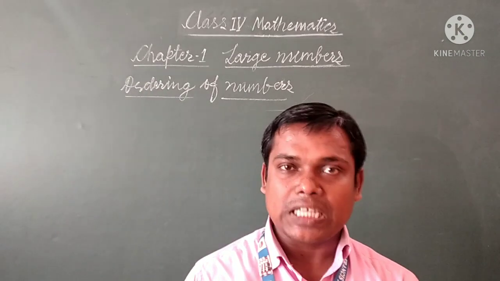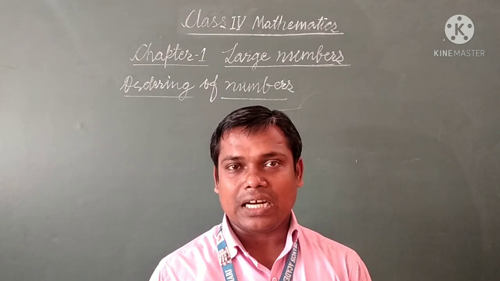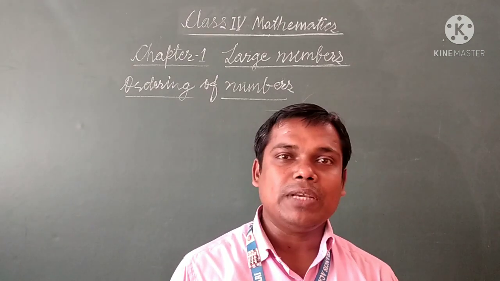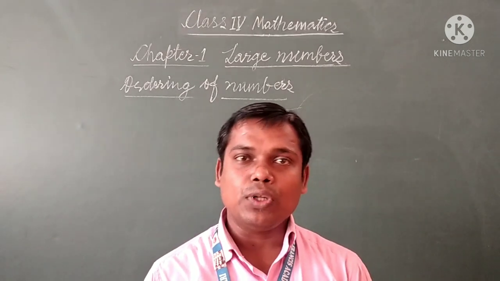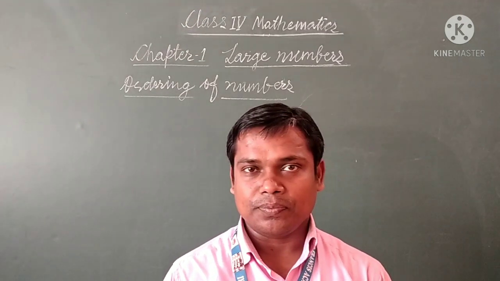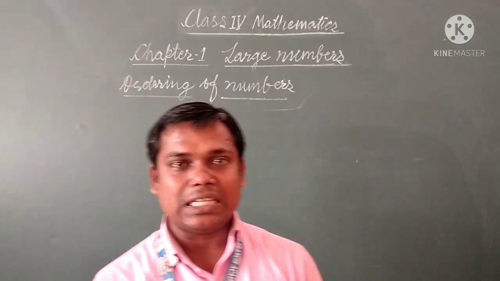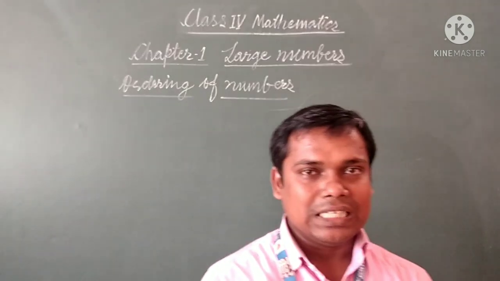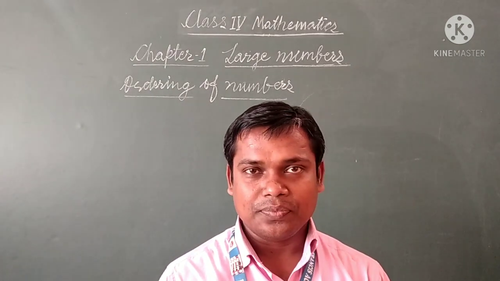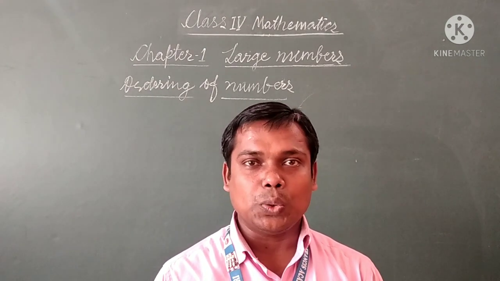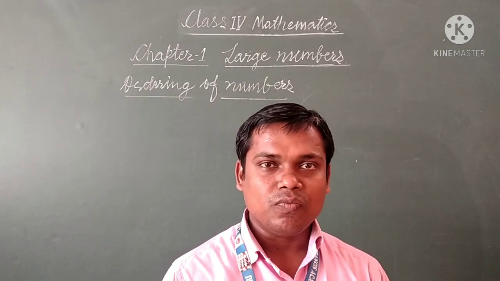If two numbers are given to us, then the possibilities are: the first number will be greater, the first number will be smaller, or both the numbers are equal. If different numbers are given to us and we are asked to write them in order, that is in ascending or in descending order, you have read how to write. Here I am going to explain the same.